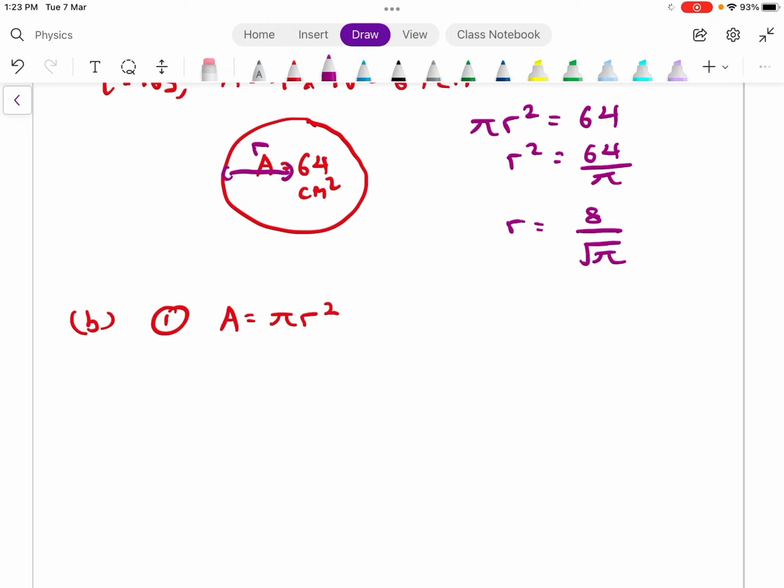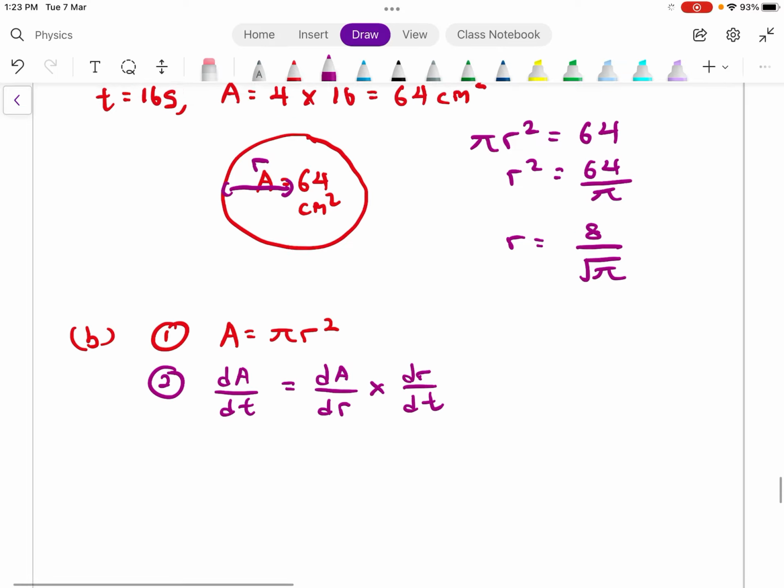Second step is to write down the formula for the rate of change: dA/dt equals dA/dr multiplied by dr/dt.